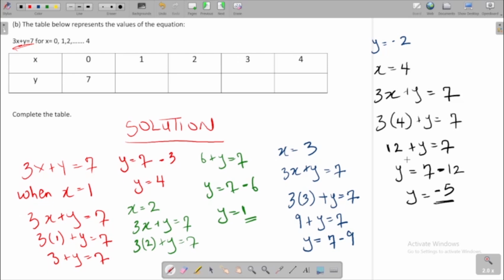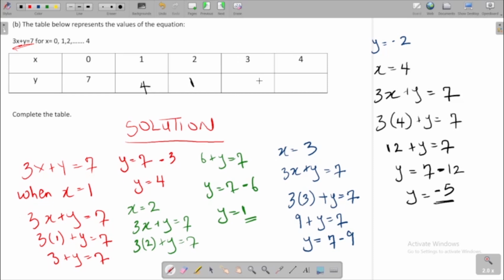So for you to complete the table, you draw another table. Then you insert your values. When your x is equal to 1, your y is equal to 4. When your x is equal to 2, your y is equal to 1.